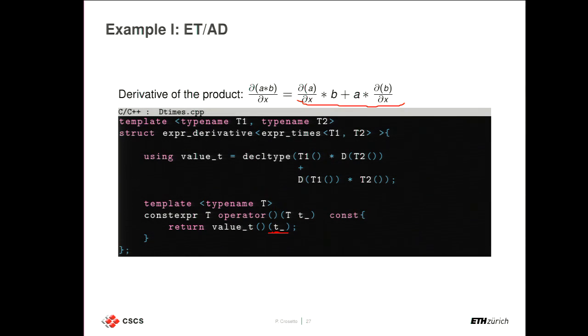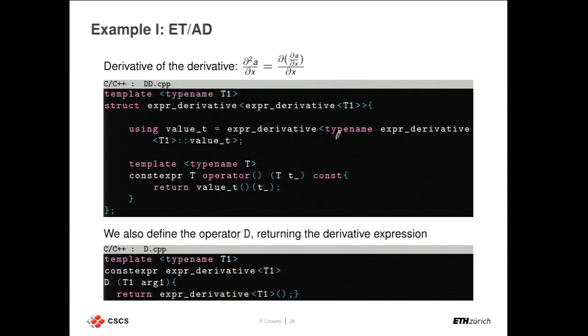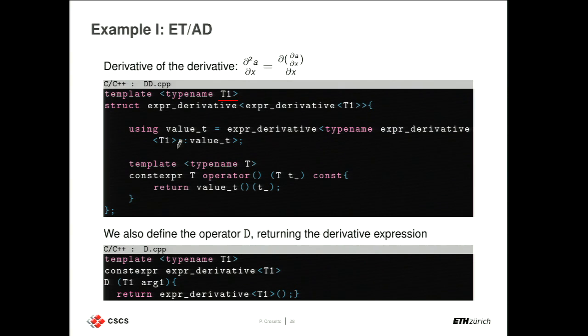There's still something missing, which is the derivative of the derivative, the double derivative operator. This is more tricky. I only have one argument T1 this time. I first have to express the derivative of T1 in terms of plus and times, which is what this thing does.